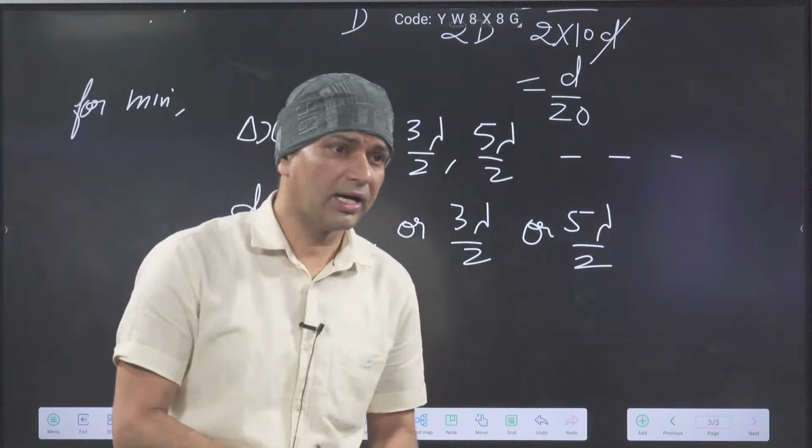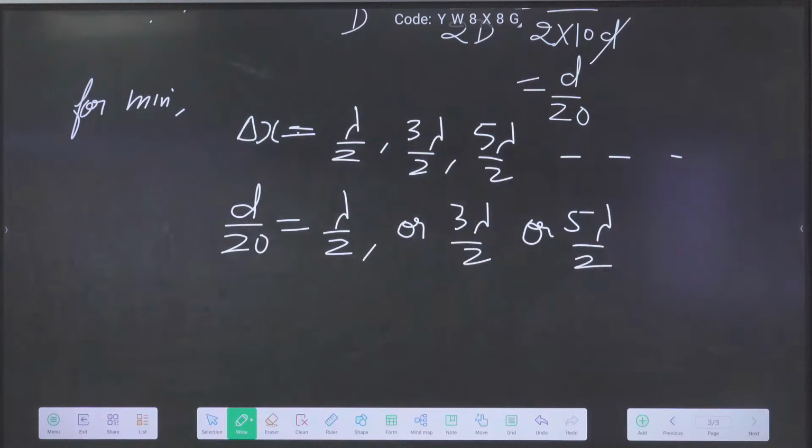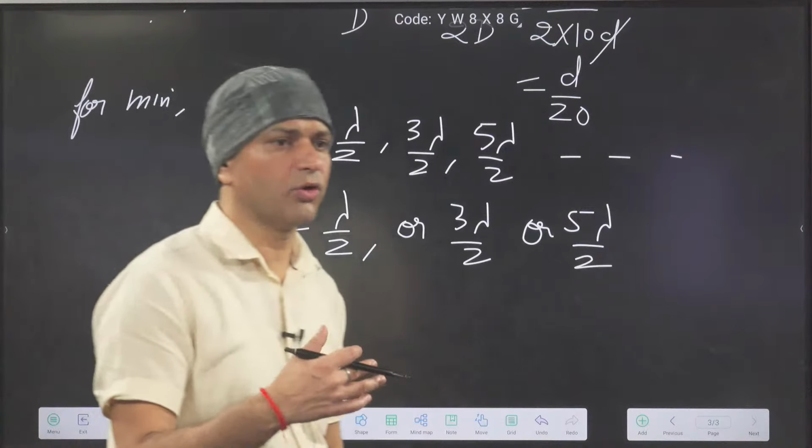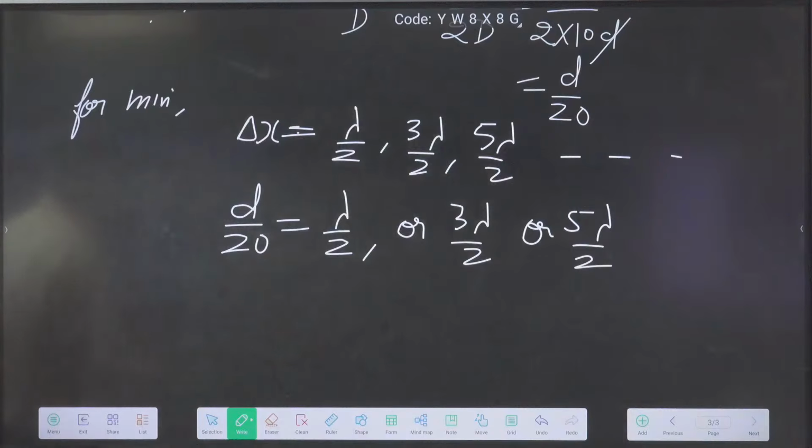Suppose in the question I ask, what is the maximum wavelength we can take? What is the maximum possible wavelength we can get? Who will say what you will do?